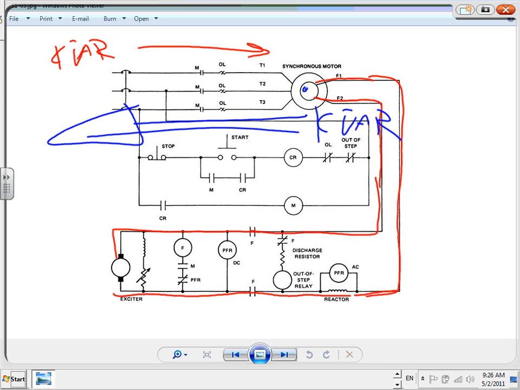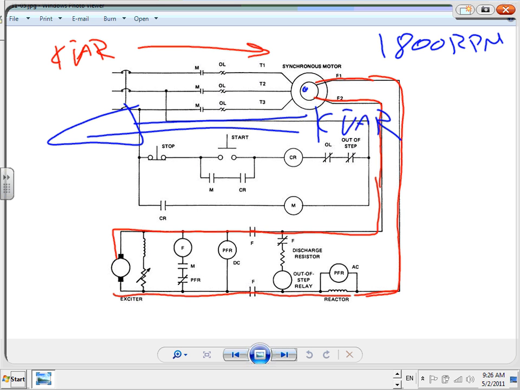Synchronous. The only difference between them and the induction motor is they have a wire coming out of the rotor. Can you see that? These two wires, the field wires. That's all. Why do they do it? Because by pumping voltage into the rotor, they can make this motor run at 800 RPM. This will be an 800 RPM motor. If it was an induction motor, Brad, you cannot get an induction motor to run at 800 RPM.